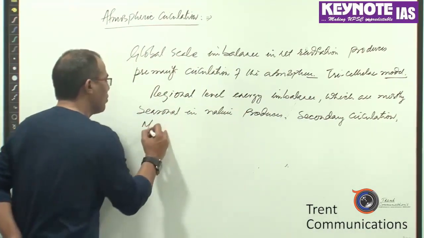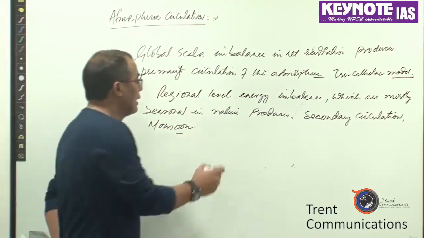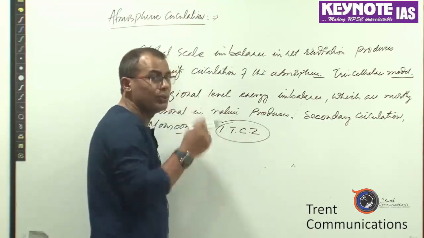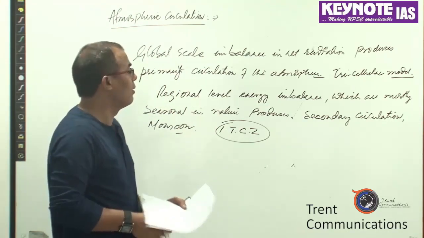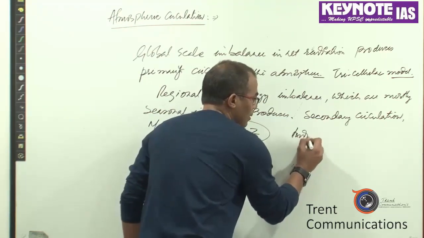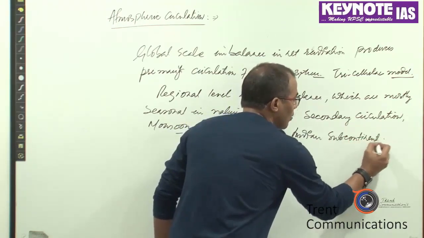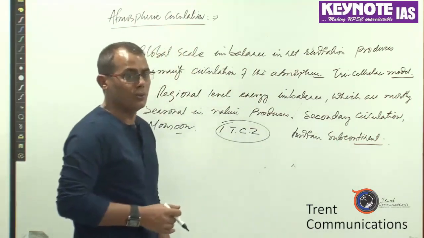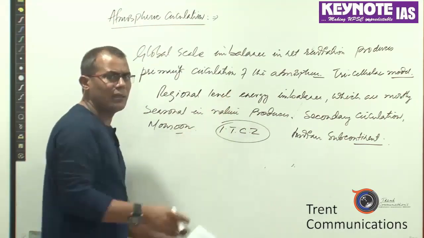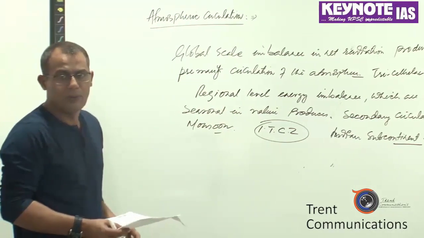Give example, the best example of that is monsoon, where the shifting of ITCZ associated with huge temperature, very high temperature in the Indian subcontinent produces monsoon. Secondary circulation, monsoon, associated, you talk just one line, half a line, few words about the shifting of ITCZ and formation of monsoon.